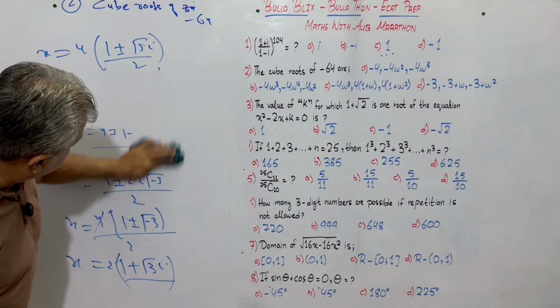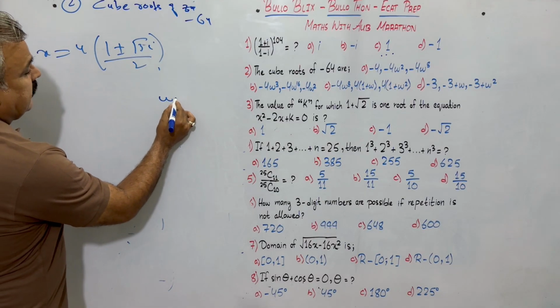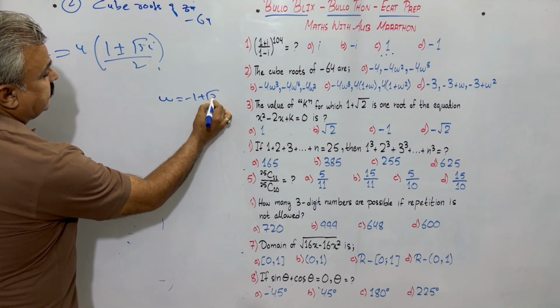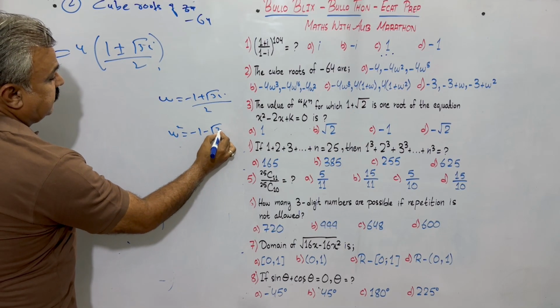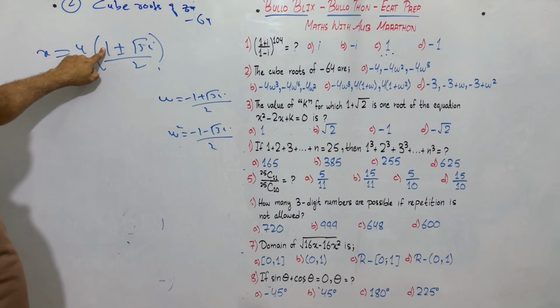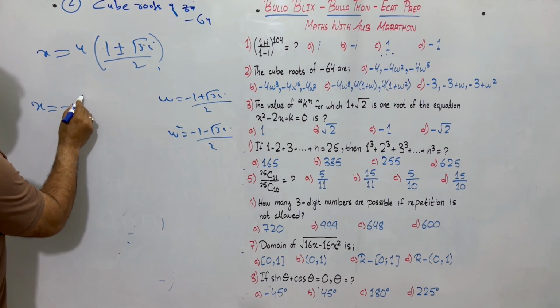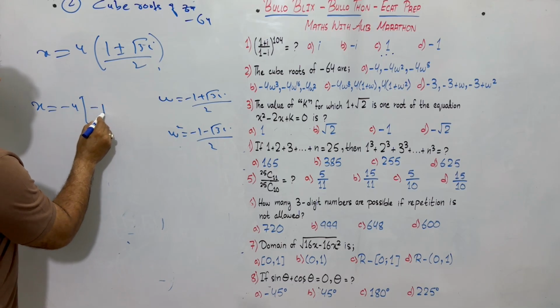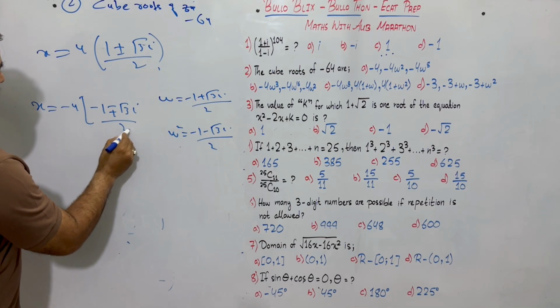We know that the cube roots of unity are given by omega is equal to minus 1 plus root 3 iota divided by 2, and omega squared is equal to minus 1 minus root 3 iota upon 2. Here there is a deficiency of minus; multiplying minus throughout, we have minus 4, it will become minus 1 minus plus root 3 iota upon 2.